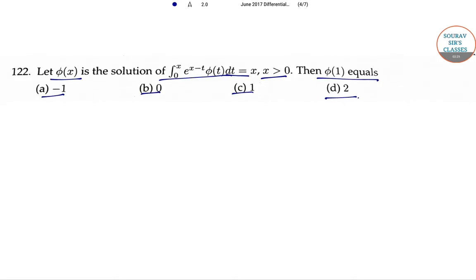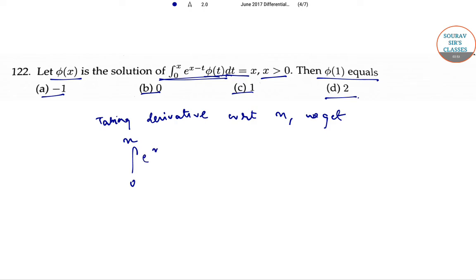So, we have been given that φ(x) is the solution of this integral equation. Now, taking the derivative with respect to x, we get the integral from 0 to x of e^(x−t) φ(t) dt plus φ(x) is equal to 1.